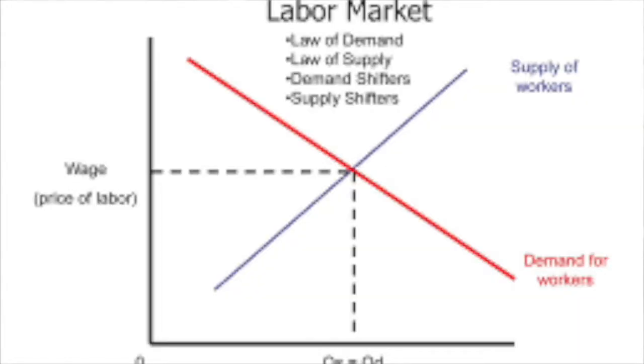So according to the theory of Adam Smith, if there is a high supply of products or labor, and of course low demand, prices and salaries go down. On the other hand, if supply is low and demand is high, prices and salaries rise.